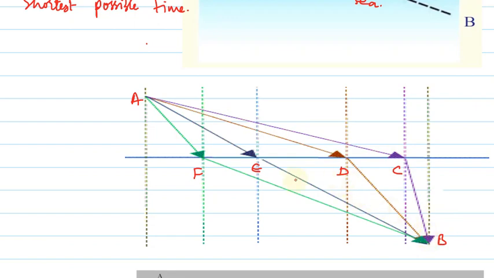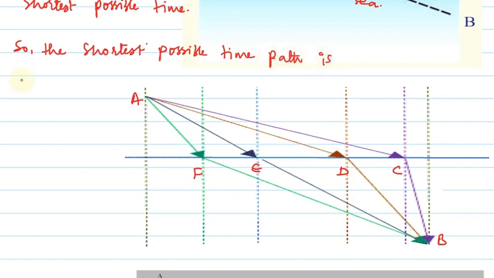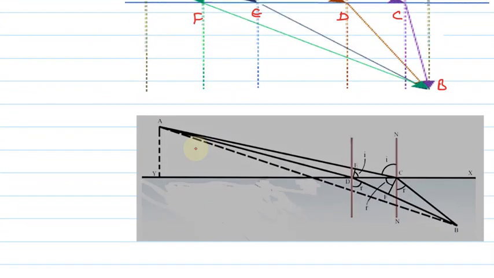In the remaining paths, more time can be consumed. So the shortest possible time path is A, C, B. So let us take the diagram related to it.